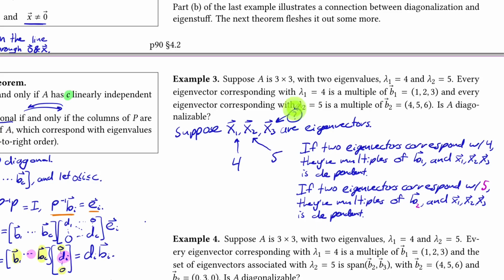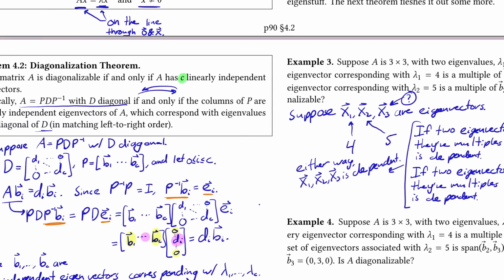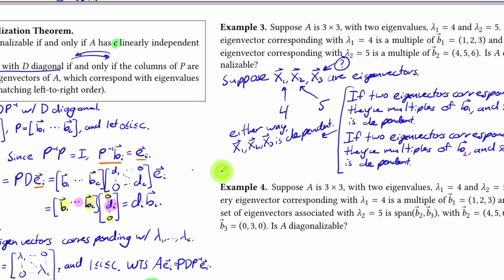So whichever eigenvalue corresponds with 2 of these eigenvectors, either way, you're going to have a linearly dependent list. So yeah, there is no list of 3 eigenvectors that is linearly independent, so A is not diagonalizable.